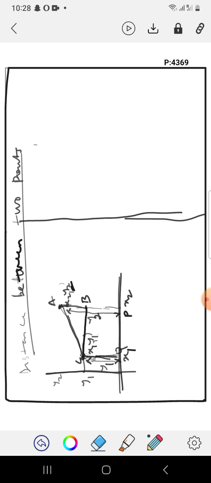So we now have a right angle triangle, which is like this, where this one is A, B, and C. Now we know that AB, when you take a good look at it, is the entire stretch of y2.